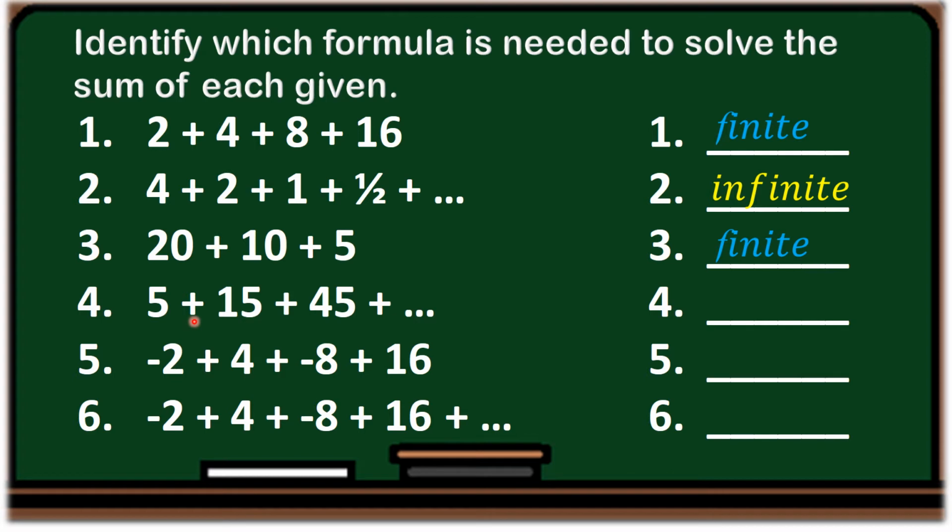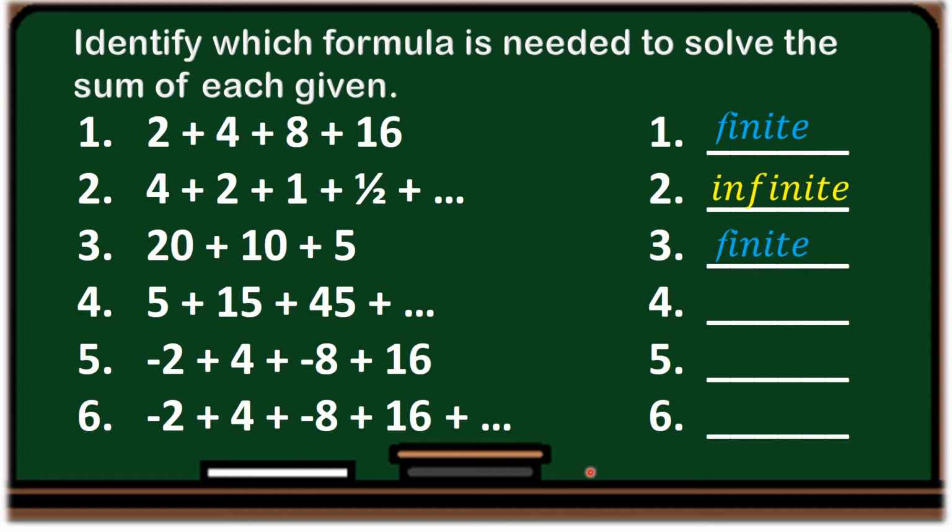Now, number 4: 5, 15, 45 with three dots. It looks infinite. Yes, it's infinite because there are three dots. Now, let's see if we can use the formula for infinite. 15 divided by 5 is 3. 45 divided by 15 is 3. It's geometric, and it's infinite. Now, the common ratio is 3, which is more than 1.